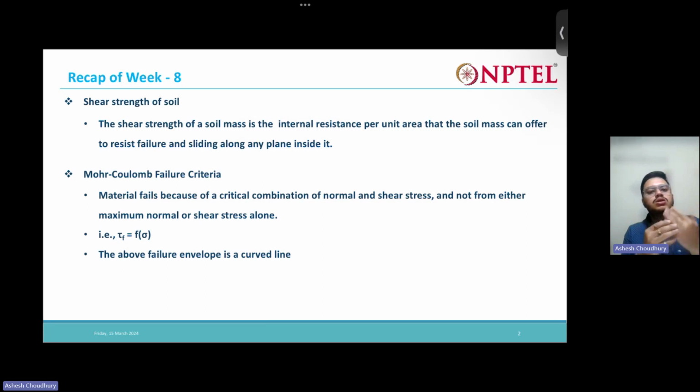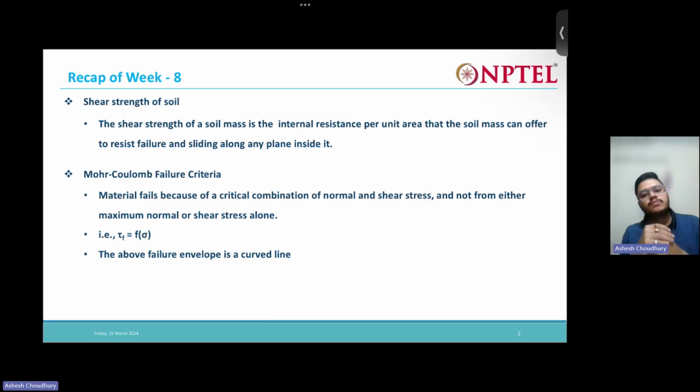The instant you apply the load, the soil gives some resistance to that load. The maximum value of that resistance that we can reach is nothing but the shear strength or the shear resistance of the soil.